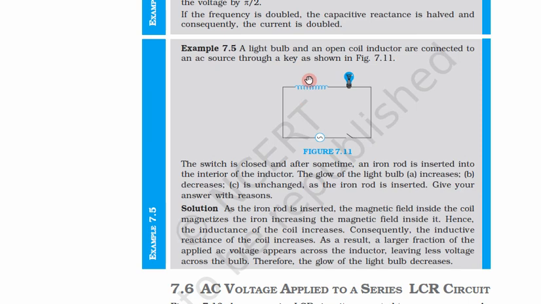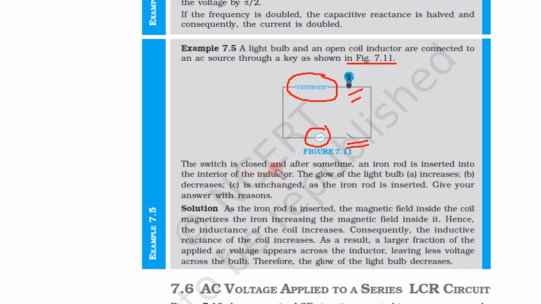Let us see one more example. A light bulb and an open coil inductor are connected to an AC source through a key as shown in the figure. Here is our inductor, this is our light bulb, this is our AC source and this is the key. With the help of this key we can switch on or switch off the current in this circuit.